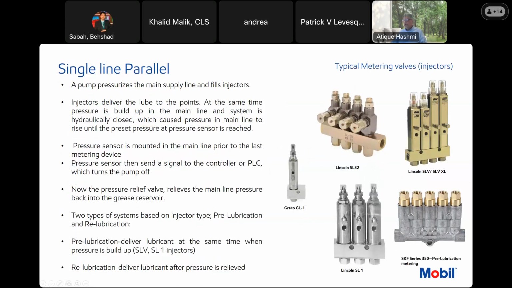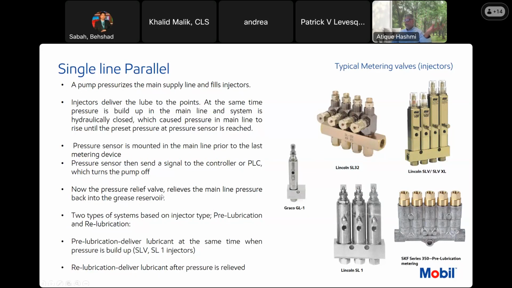So this is exactly what it is saying here. The pressure sensor is mounted in the main line prior to the last metering device. The pressure sensor then sends a signal to the controller or PLC once the preset pressure is reached.